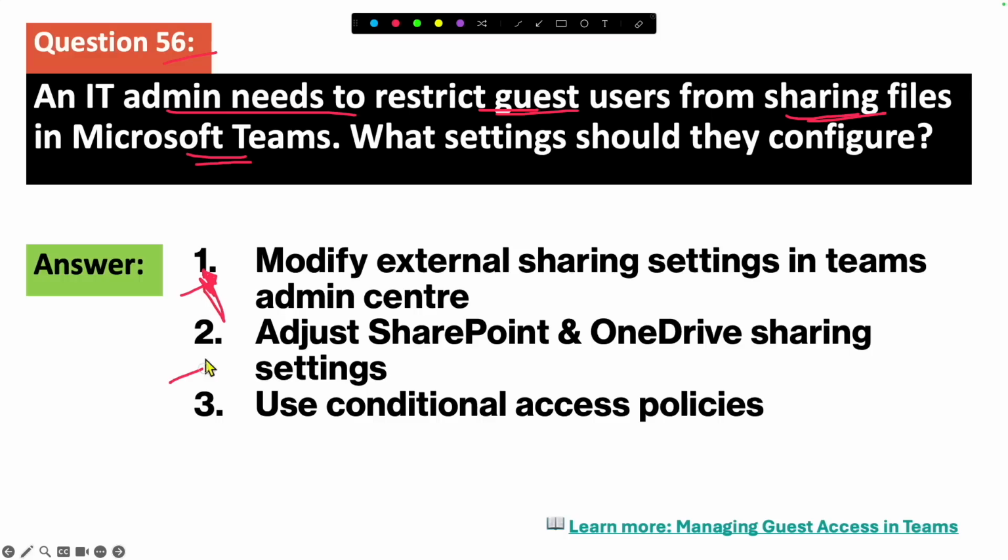The next is adjusting the SharePoint and OneDrive sharing settings, which I showed you in the SharePoint and OneDrive section. That will prevent guests from downloading or editing the shared files. And the third is using conditional access policies, which will restrict the access based on location.